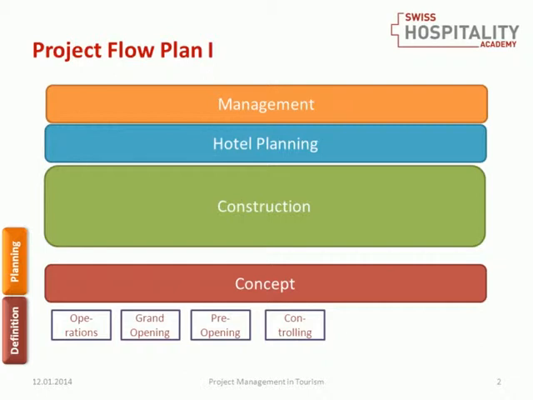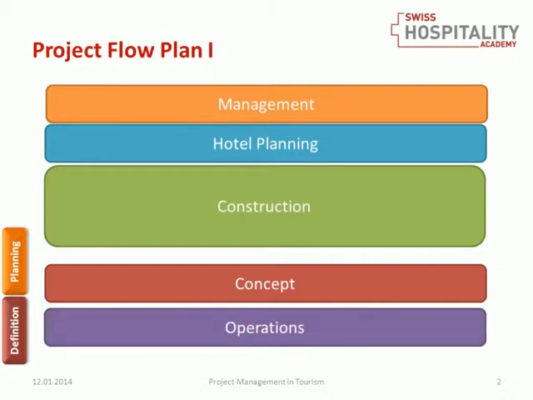The next one, eventually, we would call the concept, development of the hotel concept. And the last group here would be something like the operations of the hotel after finishing the hotel. So, very simple so far.